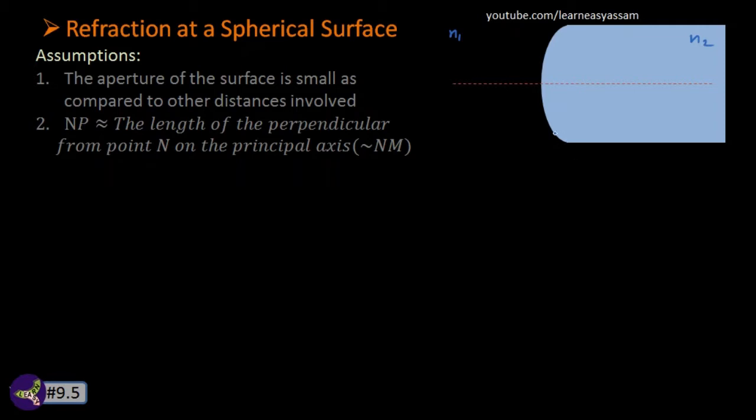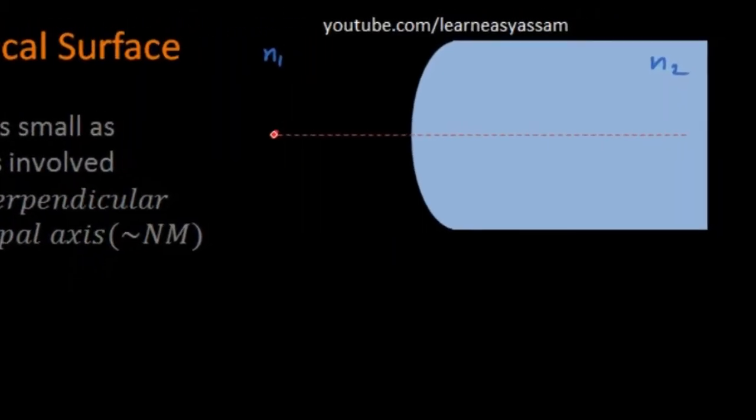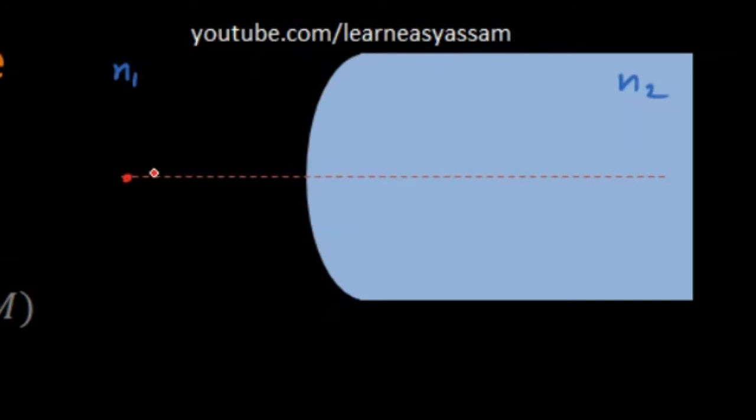If we want to see the behavior of reflection and refraction, then we have to have some object. Suppose this is the object, and light will go and fall on the curved surface in this manner. Then at this point we have to draw a normal.